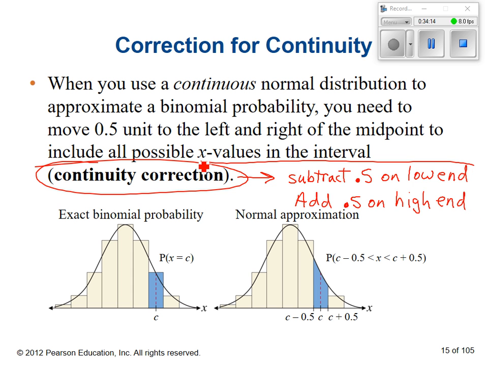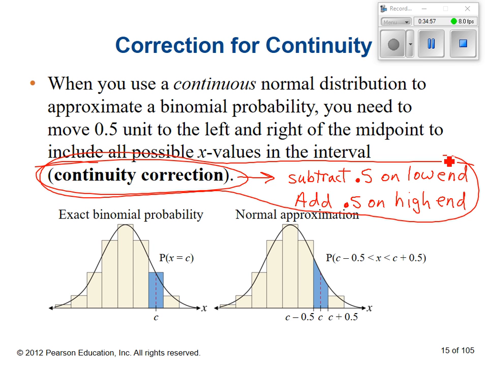This isn't near as hard as it sounds. I'll show you here in a minute. What is hard about it is you've got to stop and think as you do it, and that's where drawing the graph and looking at it might be helpful. For the continuity correction, on the low end you subtract off a half, like we did at the very beginning of the lesson, and maybe add a half on the high end, depending on what you're trying to get to.